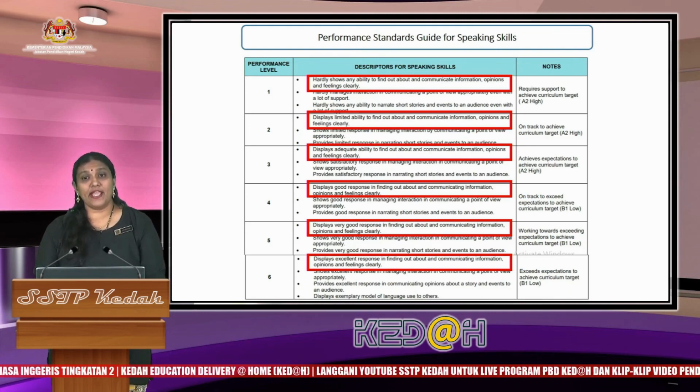If they display good response in finding out and communicating information, we award them performance level 3 or 4. And if they display excellent response in finding out about and communicating information, yes, feel free to award them performance level 5 or 6.